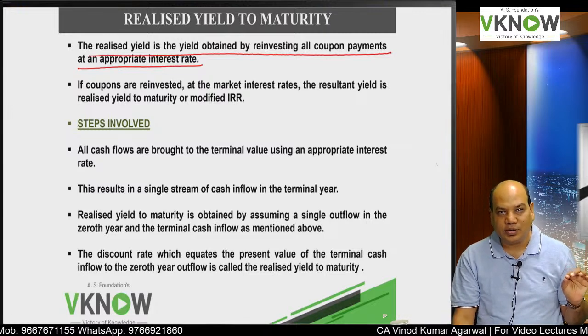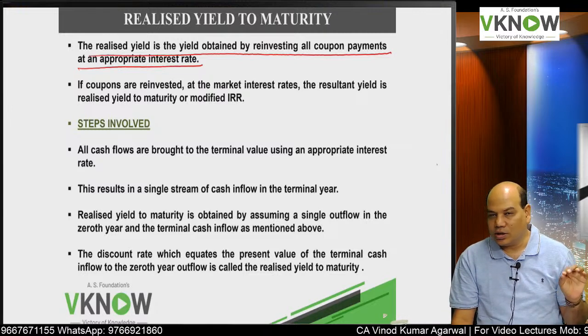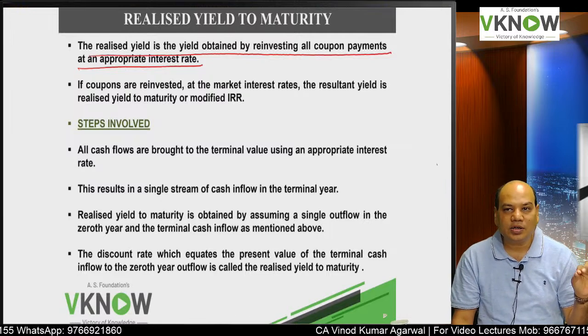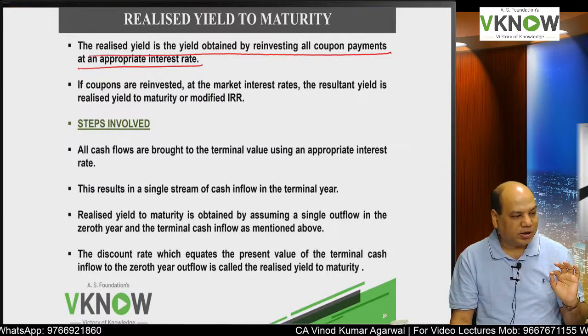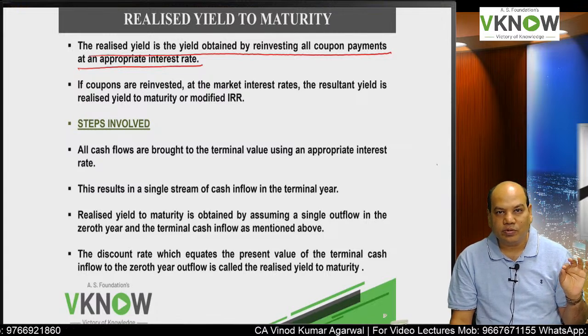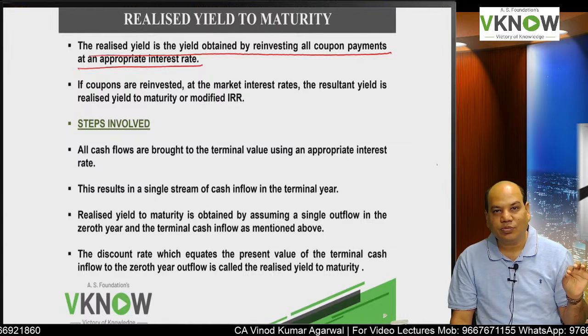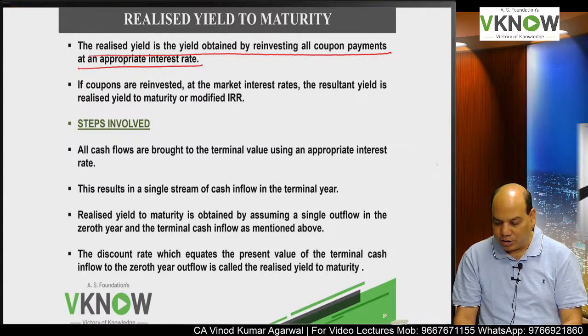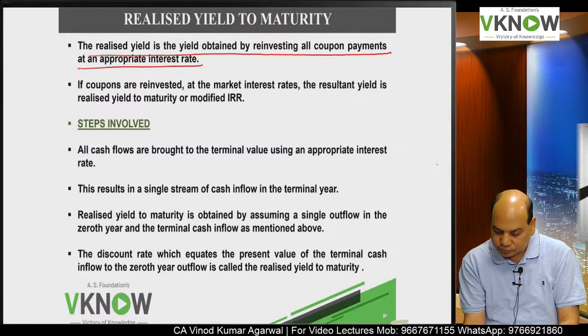YTM or IRR assumes that cash flows are reinvested at the same rate, but practically that is not possible. So therefore, we use an improved version of YTM, realized YTM, where cash flow will be reinvested at an appropriate investment rate.